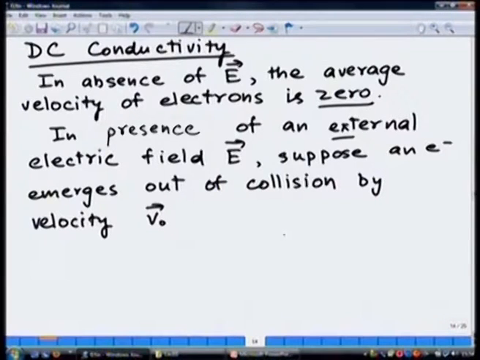That means, here is the ion, and the electron collided with it. It came out with this velocity v0, which is a random velocity, random direction, random speed, not determined by any external field. But now, once it emerges out with v0, how this velocity evolves depends on what the electric field is.